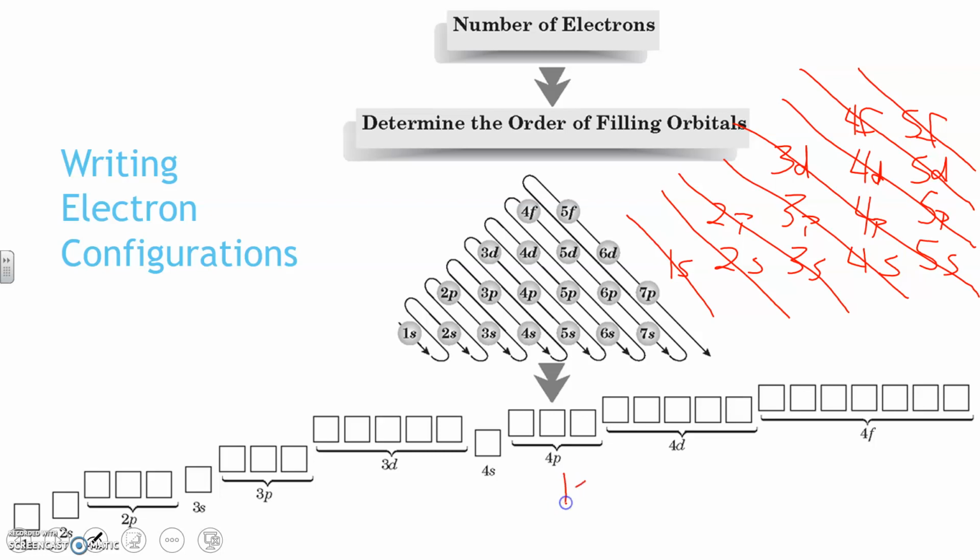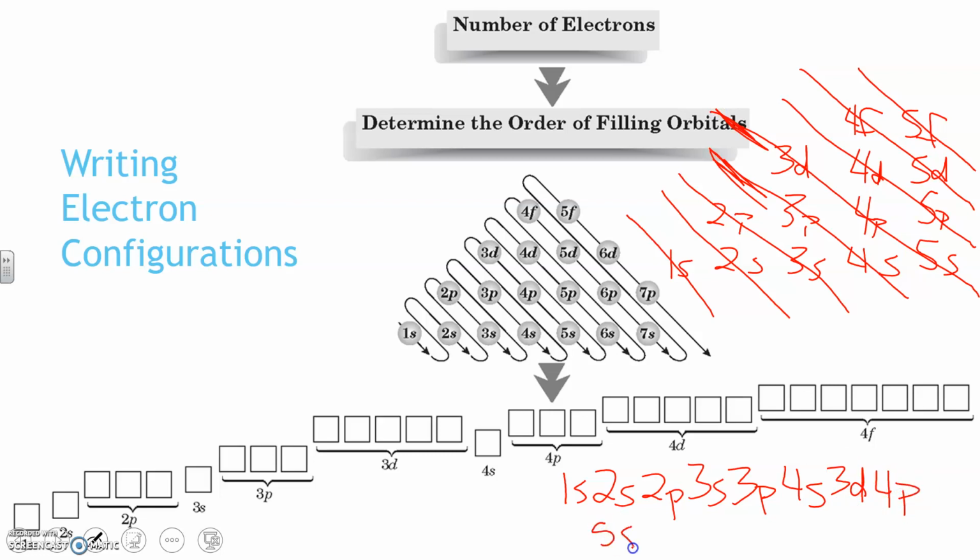So you have a 1s, then a 2s, then 2p, 3s, 3p, 4s, then we're up here, 3d, 4p, and then you go to 5s.